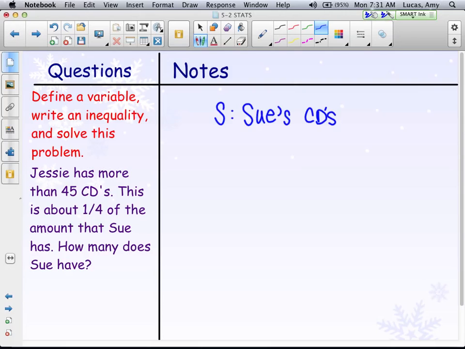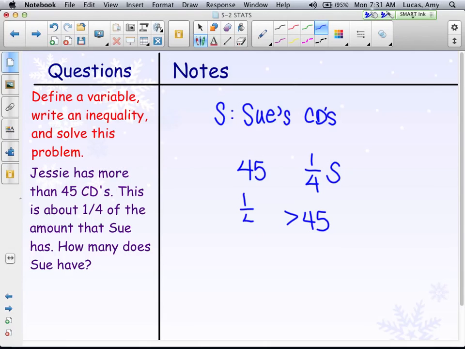Jesse's amount is 45, and I've got to have 1/4 of the amount that Sue has. Jesse has more than 45. More than 45 would be greater than 45.